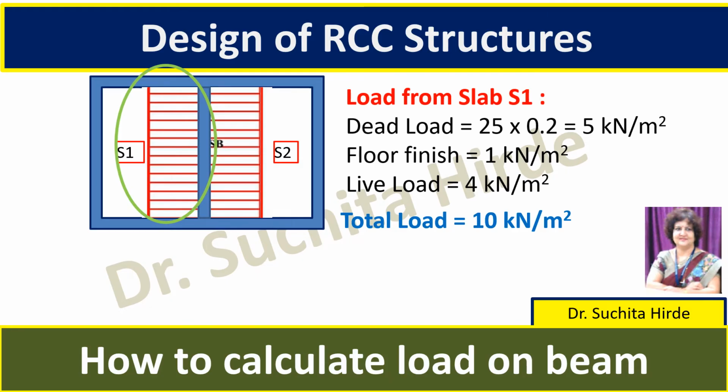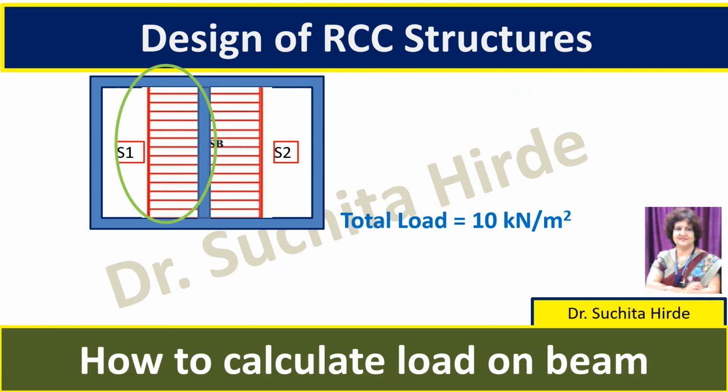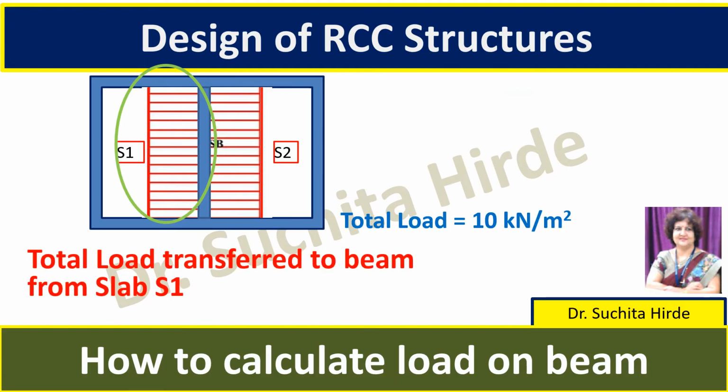So what is the total area which is transferring load to the beam? It is 1.5 meter by 8 meter. So if you multiply 10 by 1.5 by 8, you will get total load which is transferred from slab S1 to that beam.